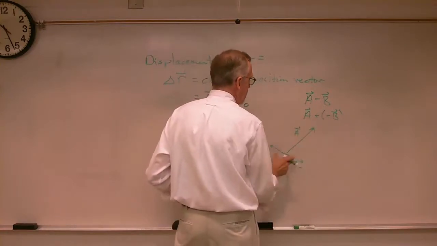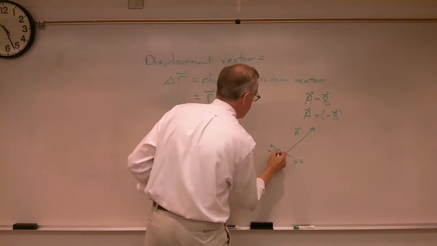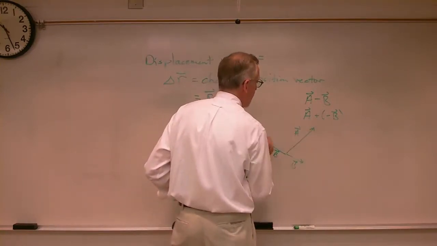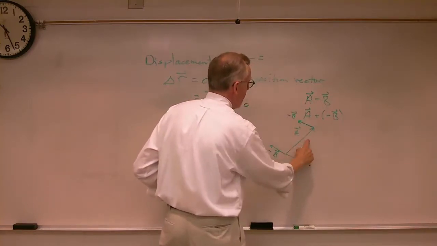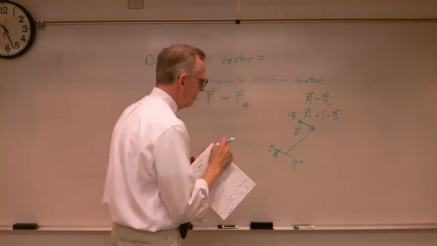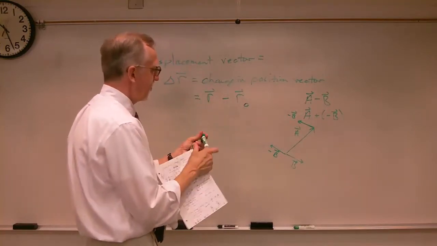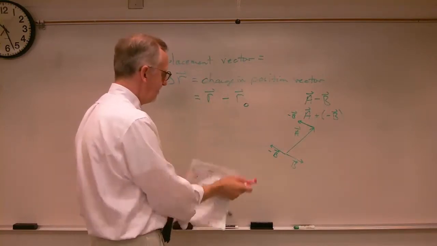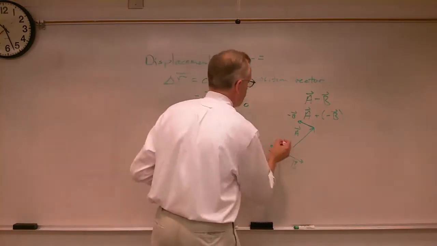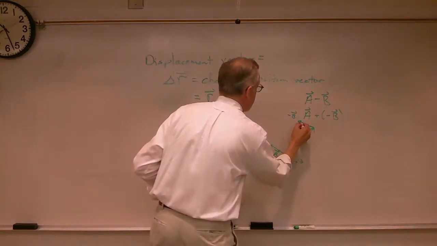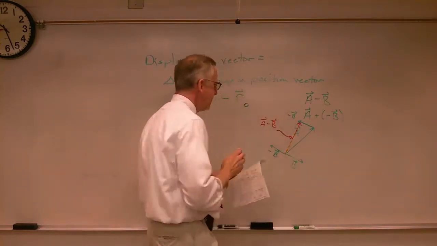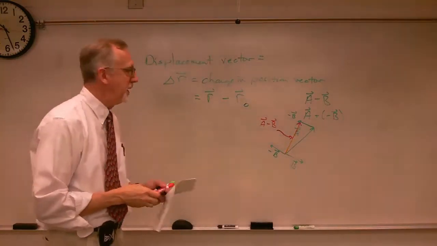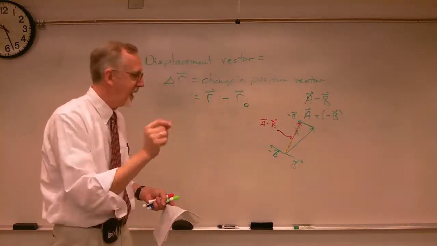And then to add these, we take negative b and we put it on the head of a, so there is negative b. A plus negative b then gives us a vector that goes from the tail of the first to the head of the second. So from here to here, that would be a minus b. And it doesn't matter if we take a minus b or negative b plus a.